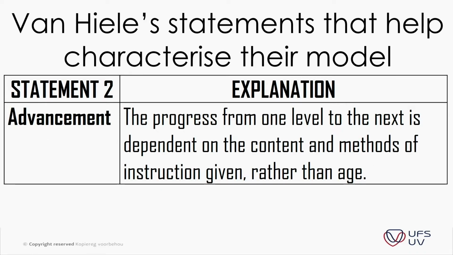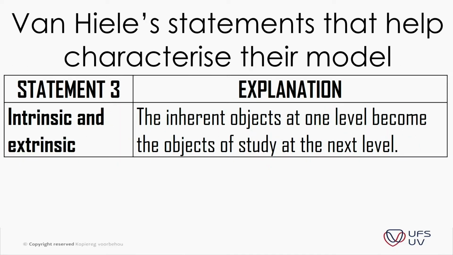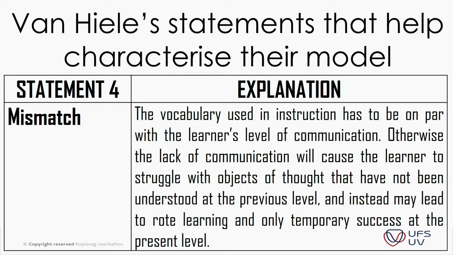Advancement. The progress from one level to the next is dependent on the content and methods of instruction given, rather than age. Intrinsic and extrinsic. The inherent objects at one level become the objects of study at the next level. Mismatch.